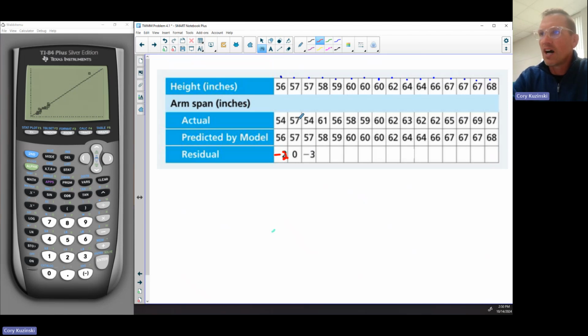Actually, 54 minus 56 is negative 2. 57 minus 57 is 0. 54 minus 57 is negative 3. 61 minus 58 is 3. 56 minus 59 is negative 3. 58 minus 60 is negative 2. 59 minus 60 is negative 1. 60 minus 60 is 0. 62 minus 62 is 0. 63 minus 64 is negative 1. 62 minus 64 is negative 2. 62 minus 66, 65 minus 67, 67 minus 67, 69 minus 67, and 67 minus 68.